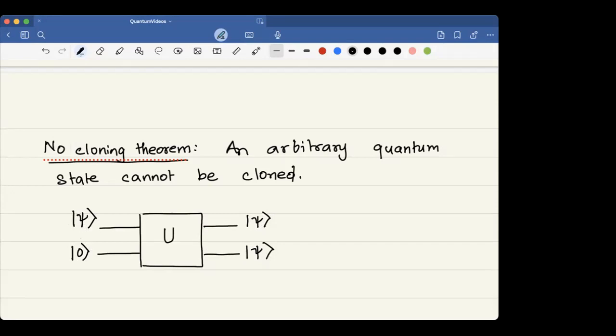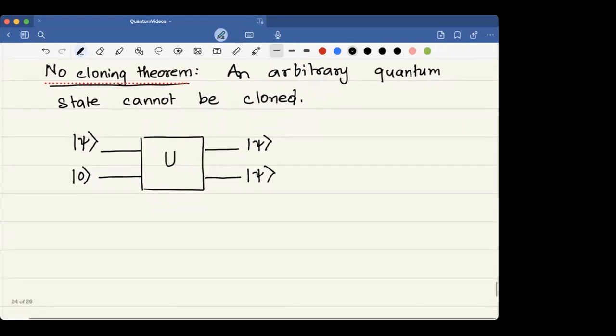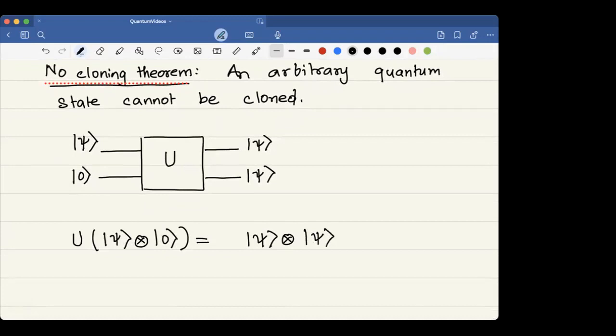The proof of this theorem, which I'm going to do right now, is a proof by contradiction. Supposing such a unitary exists, we have U acting on ket psi tensor 0 equal to psi tensor psi. And let's take ket psi to be equal to alpha ket 0 plus beta ket 1.